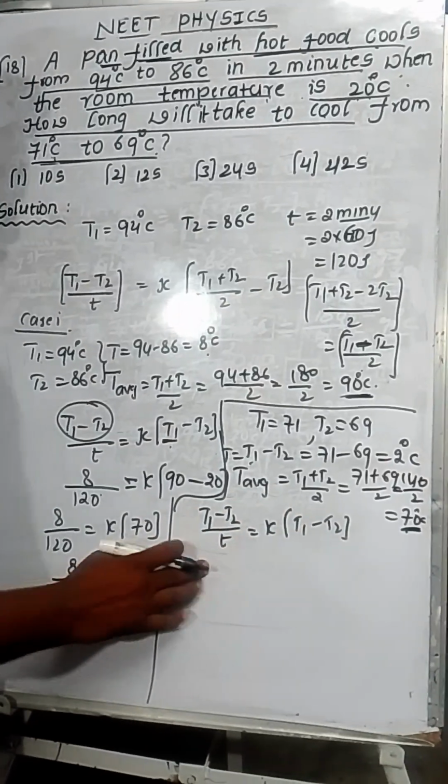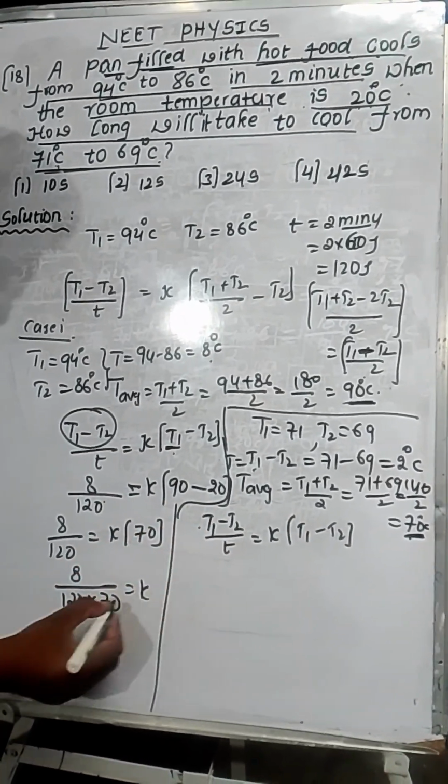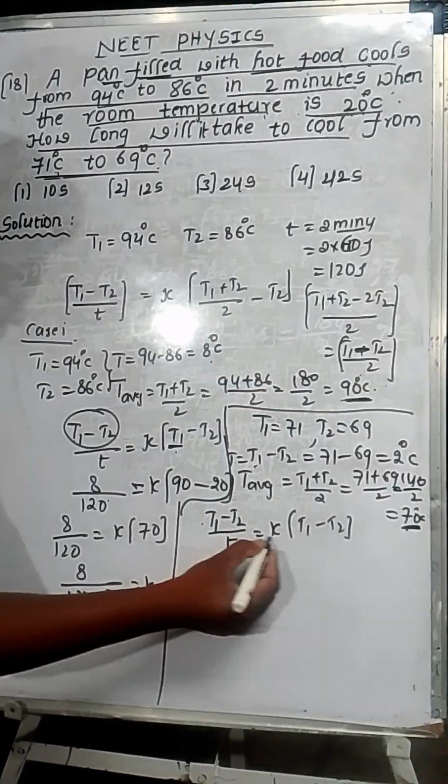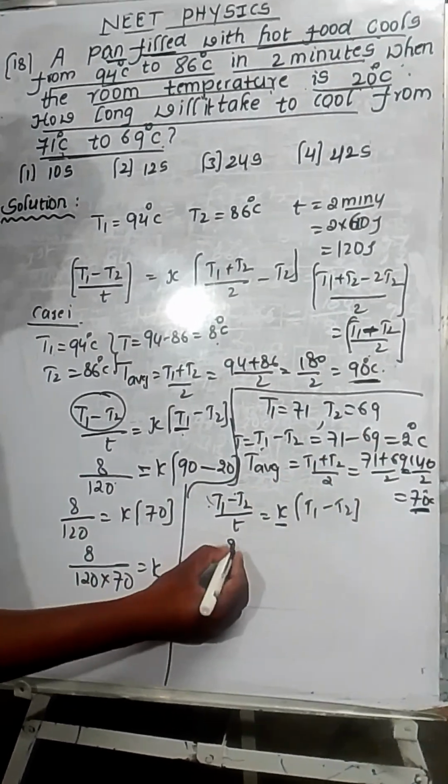Now we have to apply the conditions from here. Here we substitute the value of K. T1 minus T2 is equal to 2.